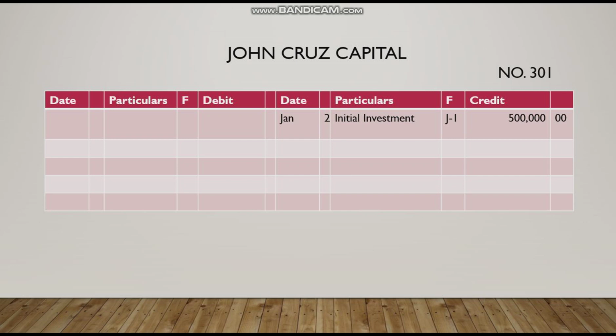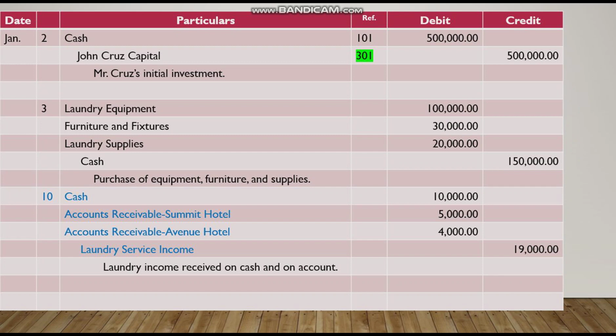The date was January 2, initial investment, information taken from the journal, page 1, and it was a credit of 500,000 pesos. Again, take note of account number 301 because we're going to go back to the general journal and write this account number under the reference column pertaining to John Cruz Capital account.